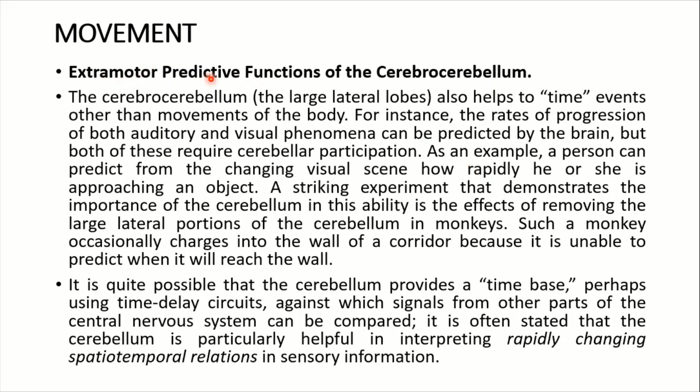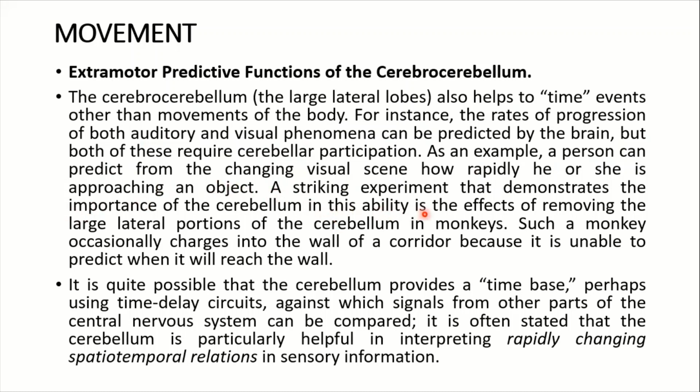Then the extramotor predictive functions of the cerebellum. The cerebellum, the large lateral lobes, also help to time events other than movements of the body. For instance, the rates of progression of both auditory and visual phenomena can be predicted by the brain, but both of these require cerebellar participation. As an example, a person can predict from the changing visual scene how rapidly he or she is approaching an object.